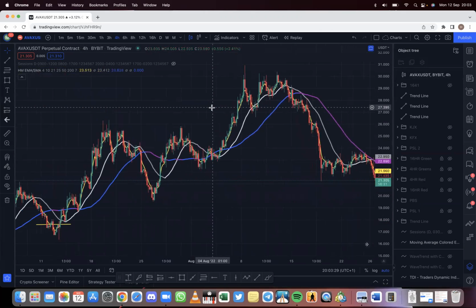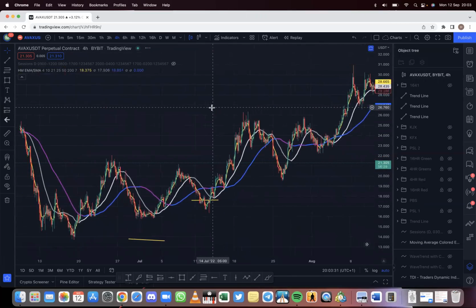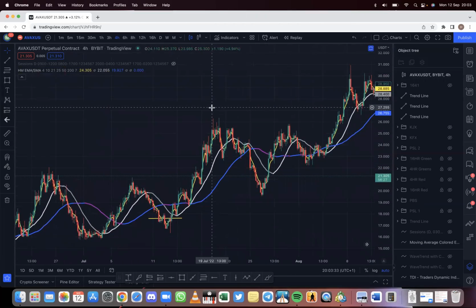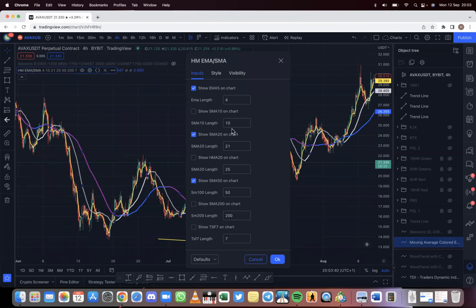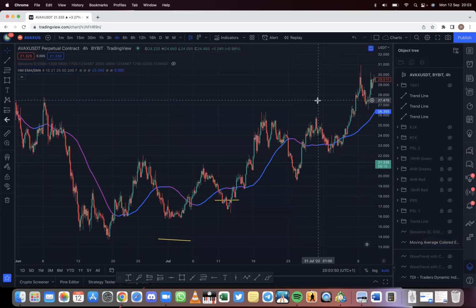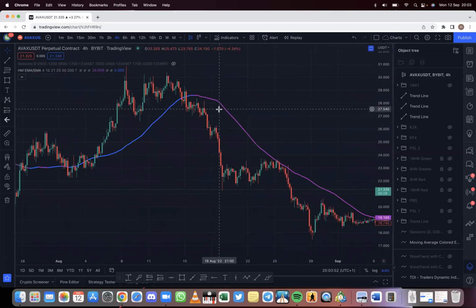So how do you use this? First, let's have a clean observation. And we'll be having an observation first by eliminating the 20 first, or the 21. Let's take the 21 off, and then let's take the 4 off. And let's have a clean observation.